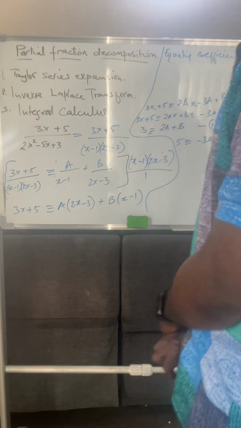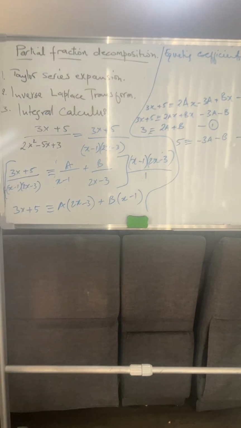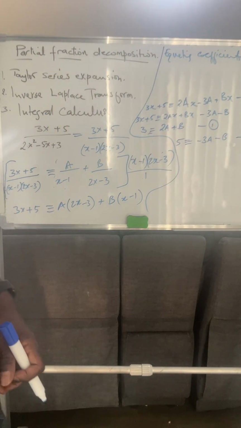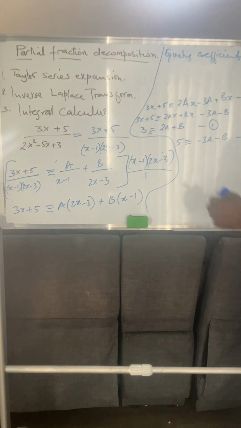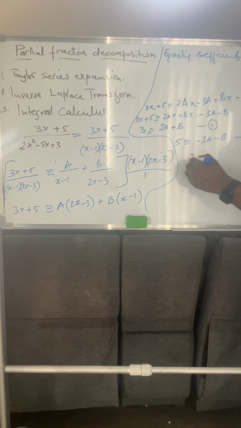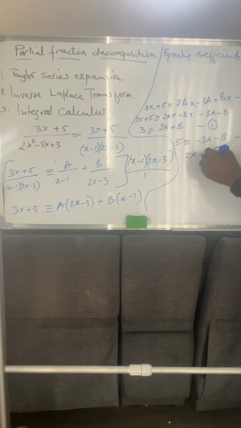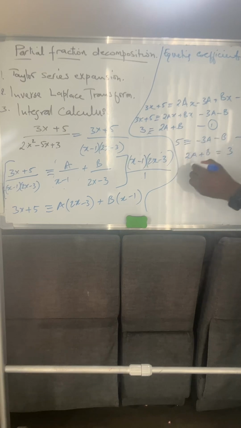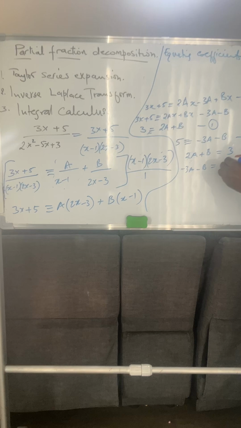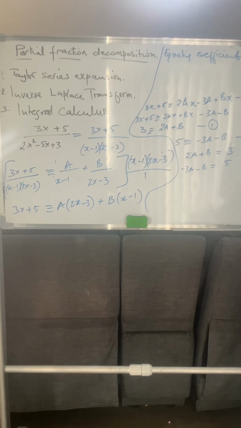So we have 2 equations here to solve. If you have 2a plus b equals 3, that's equation 1, and you have minus 3a minus b equals 5, that is equation 2.